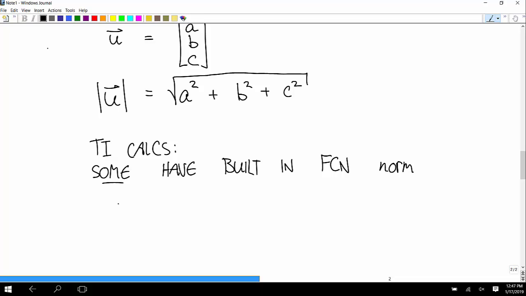And so you would enter norm of, well, let me do one I know. So you'd enter norm of the vector, let's say 3 semicolon 4 semicolon 0. And that would give you the length of that vector, which would be 5.